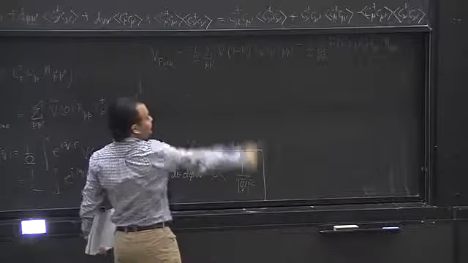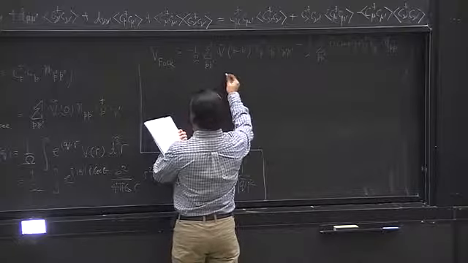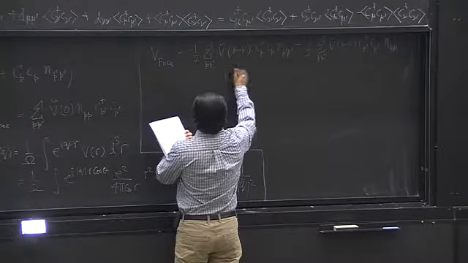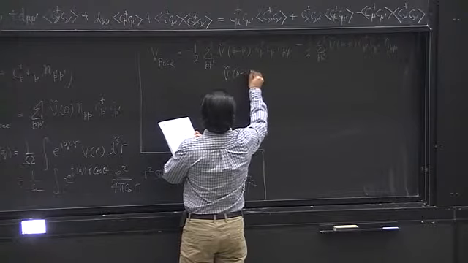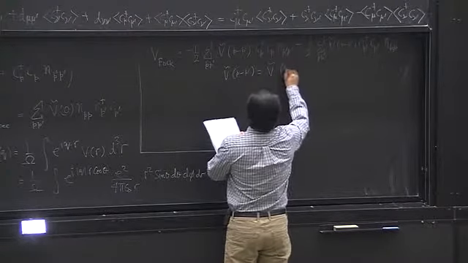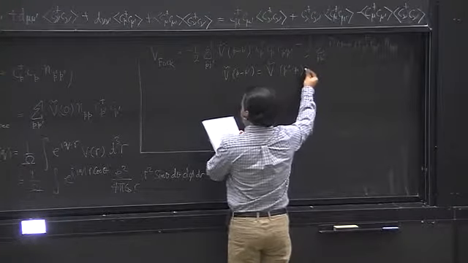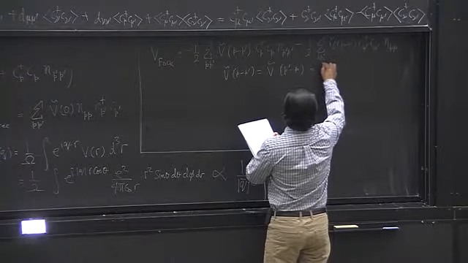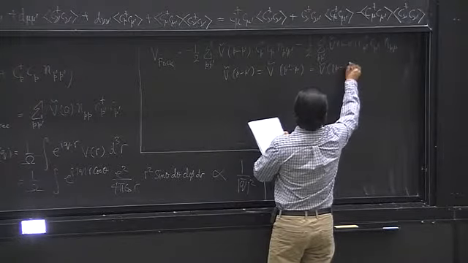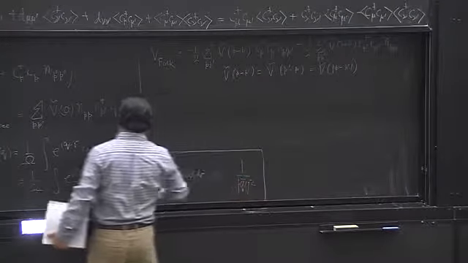Now again, these two terms are equal to each other. The trick is, you can interchange P and P prime and use that V tilde P minus P prime is the same as V tilde P prime minus P, because essentially it only depends on the modulus, as you can show from this integral.